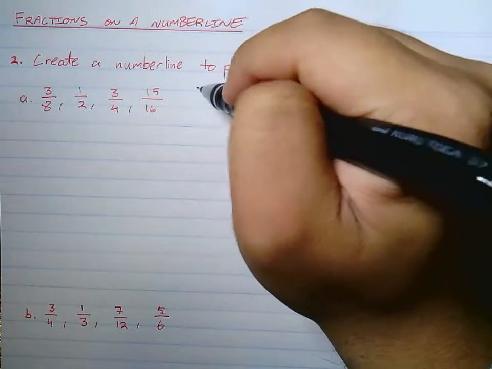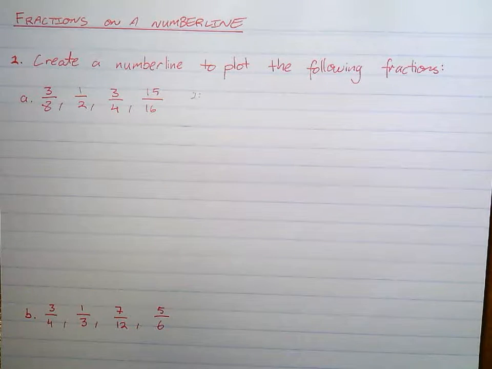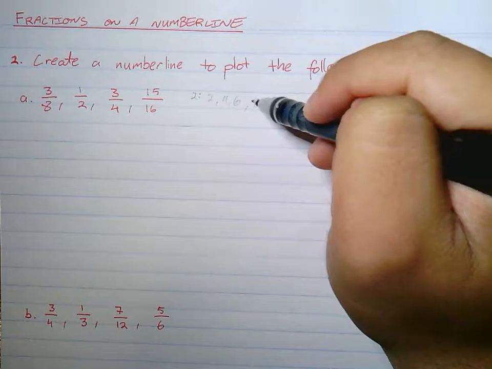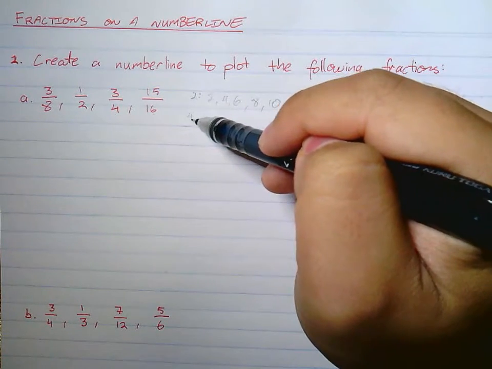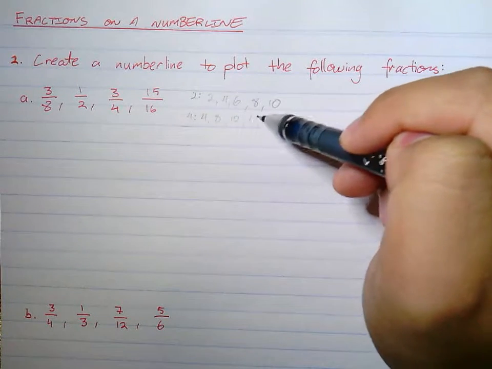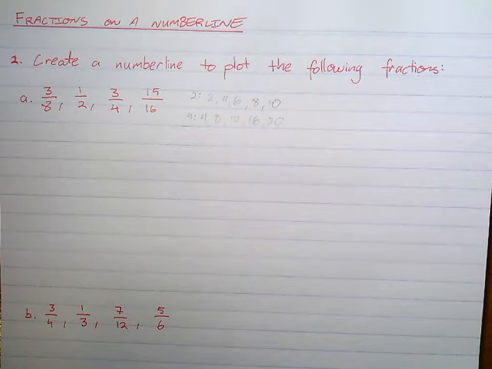Let's begin with 2. It's going to be 2, 4, 6, 8, 10. Let's just start with that for now. Let's take a look at 4: 4, 8, 12, 16, 20.